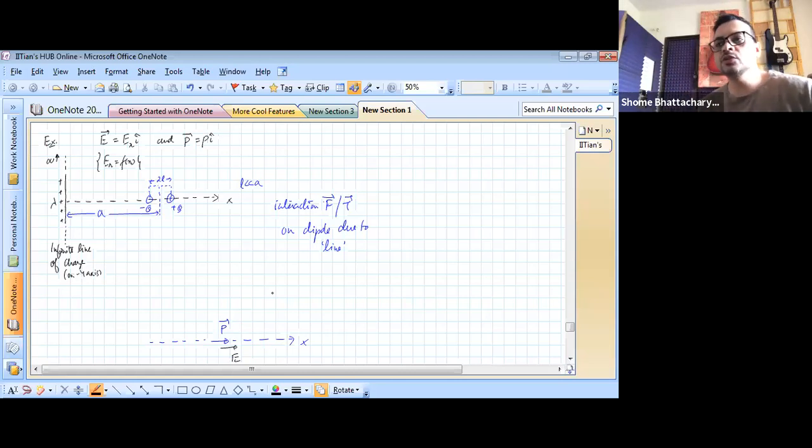Okay, so people trust you would have got this. So here you can see that at any point on the x-axis, the electric field due to the line, infinite line, would be how much? It would be lambda by 2 pi epsilon naught x I cap.